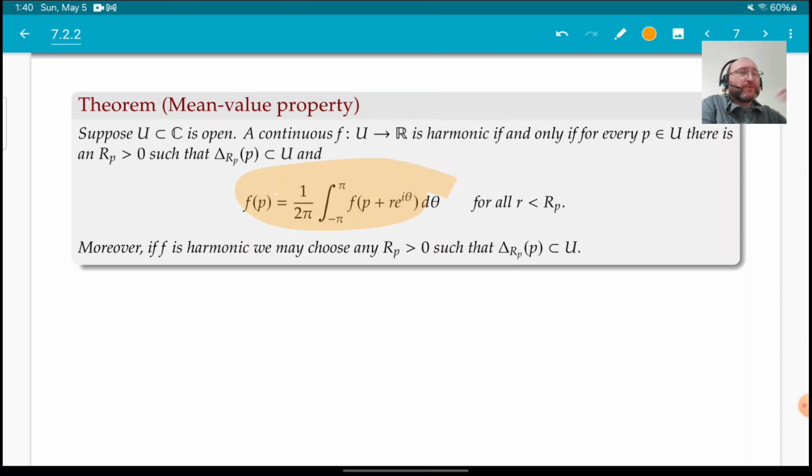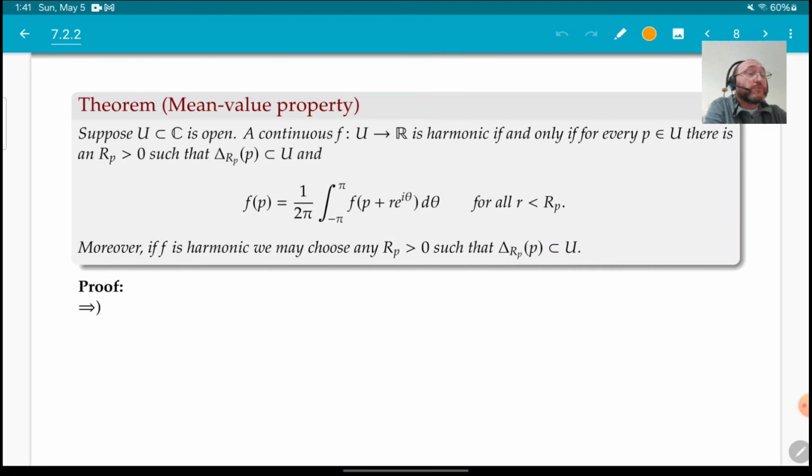So once it's harmonic, you could pick this capital R to be as big as possible, the biggest one where the disk still fits in U. But basically, the main thing is that if you satisfy the mean value property for all disks or all small enough disks, then you are harmonic. The other direction we've essentially already proved.